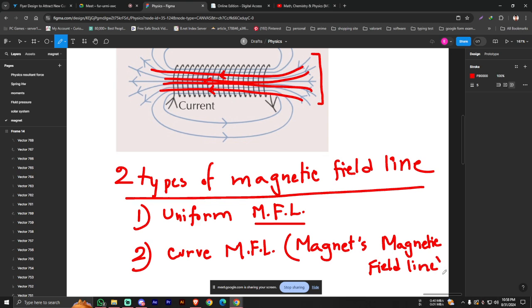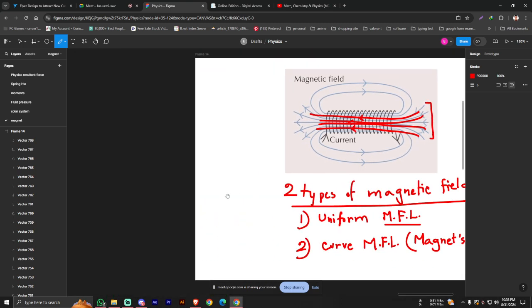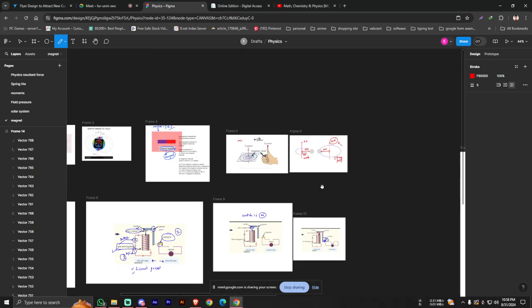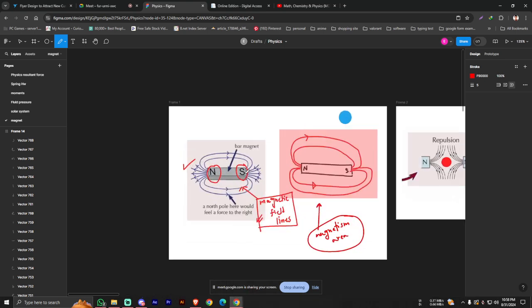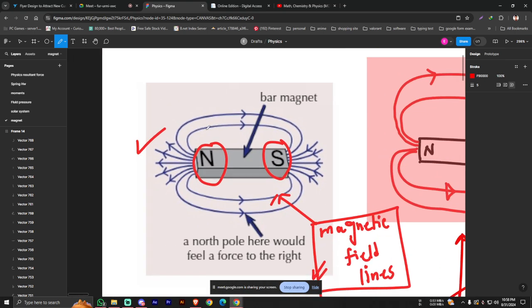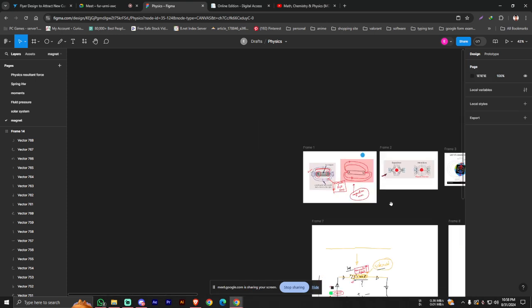Because if you take a bar magnet and see its magnetic field line, it's the same as the curved field line in the solenoid, right? See how it goes. So we compare it with a bar magnet's magnetic field line, the curved field line, okay?